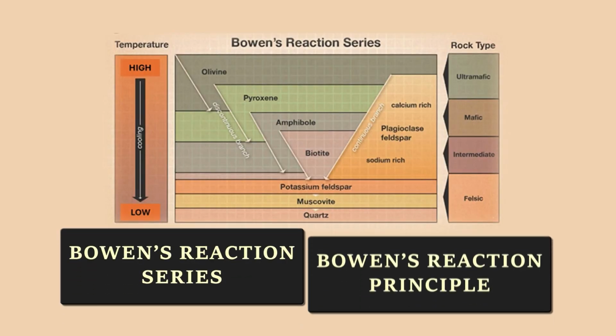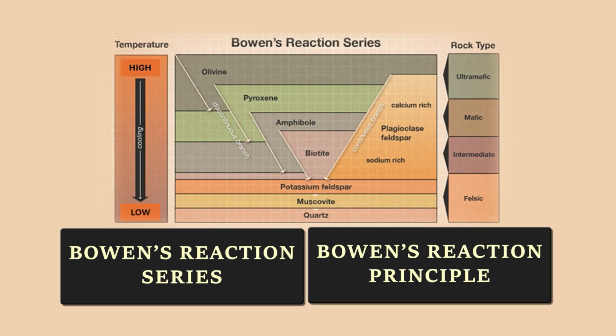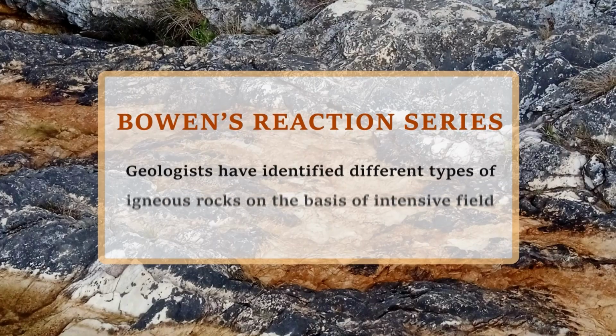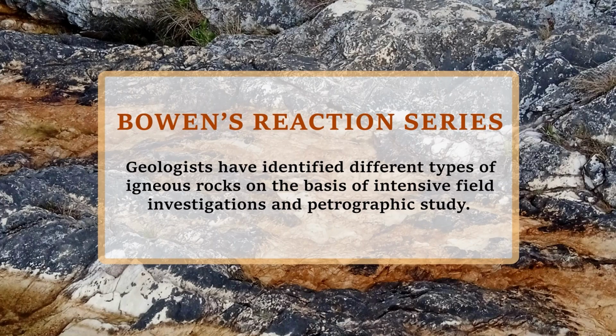It is also known as Bowen's reaction principle. Bowen's reaction series, what is it? Geologists have identified different types of igneous rocks on the basis of intensive field investigation and petrographic study. We have already discussed this in the earlier video.